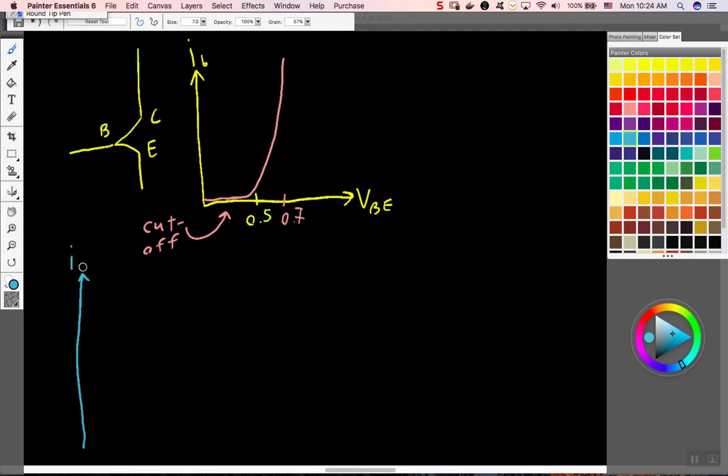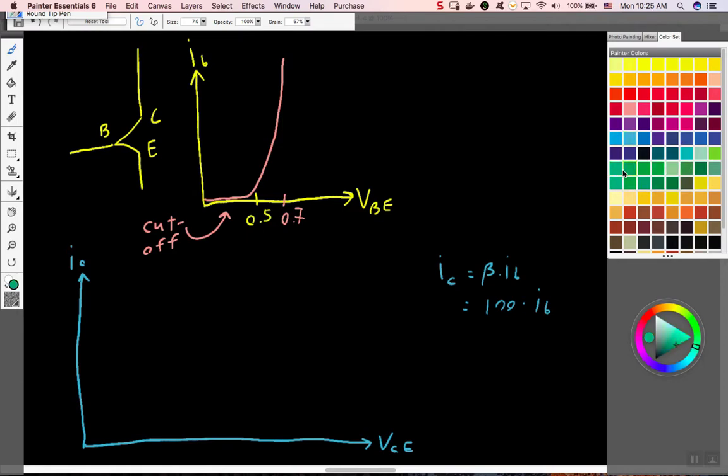So that will be IC, and here we have VCE. And the key is to remember the relationship that IC is equal to beta times IB, and beta is usually 100, in the active region.